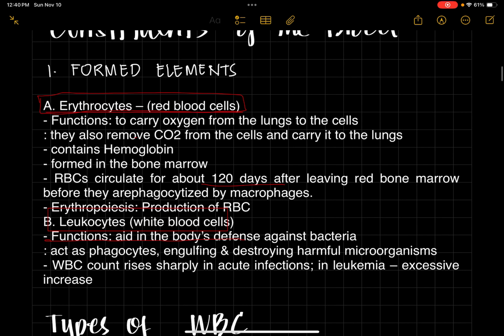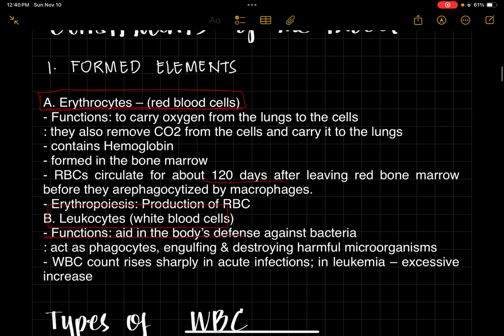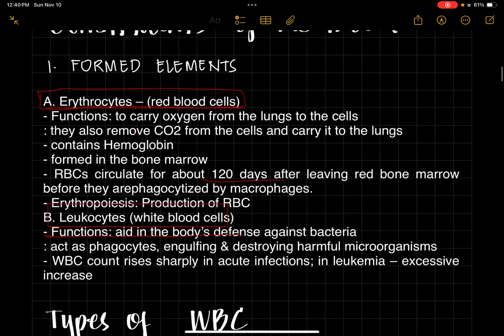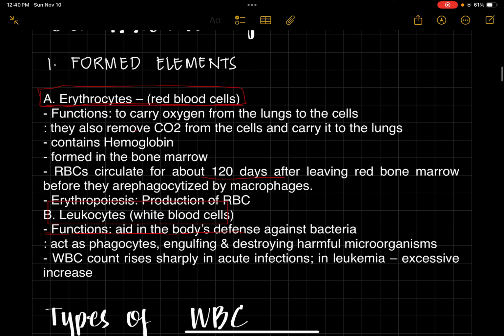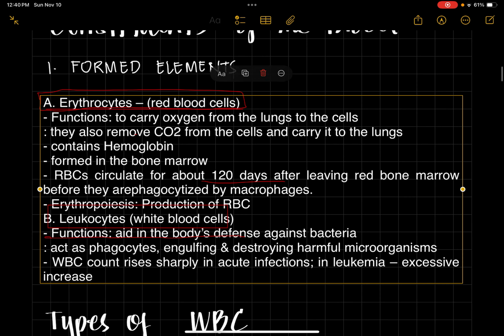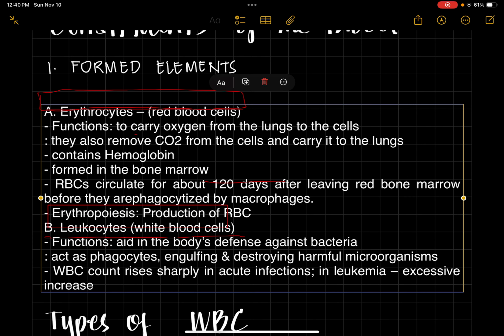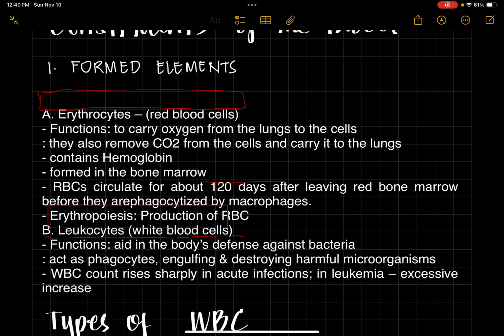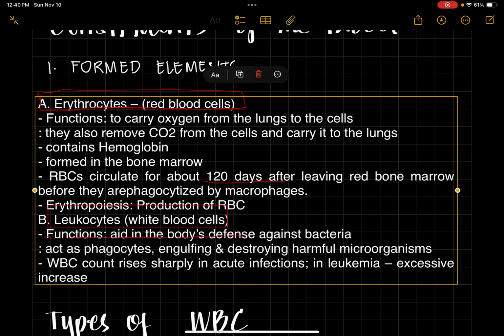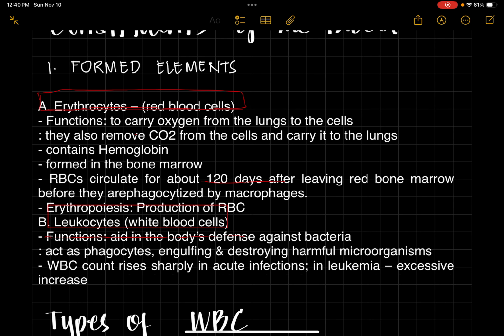The RBC circulate for about 120 days after leaving red bone marrow before they are phagocytized by the macrophages.